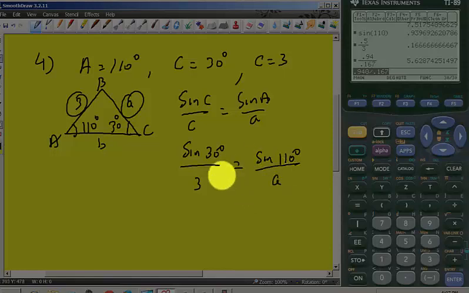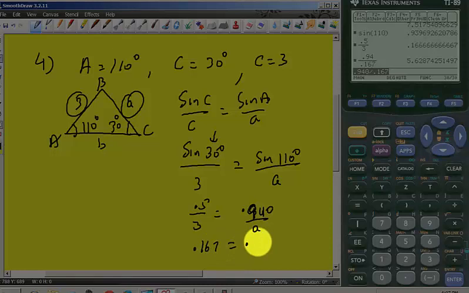Alright, so we're going to now figure out what that is, and that's 0.5. Sine of 30 degrees is 1/2, so it's 0.5 over 3 is equal to sine of 110 degrees. Sine of 110 degrees turns out to be 0.940. All that is to A. Okay, when I divide 0.5 by 3, this turns out to be 0.167.